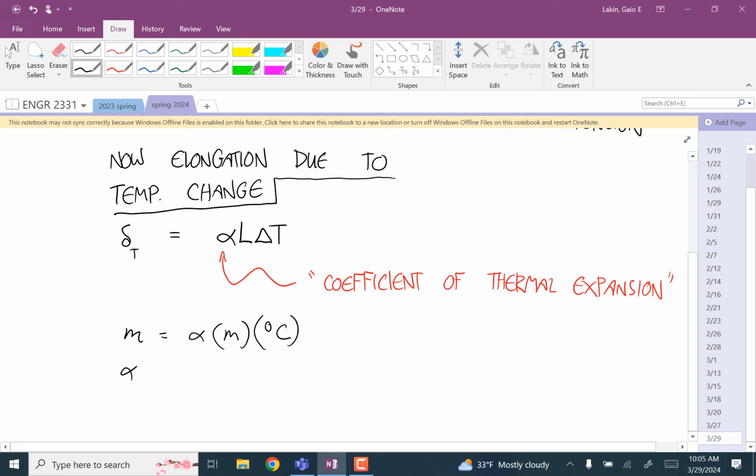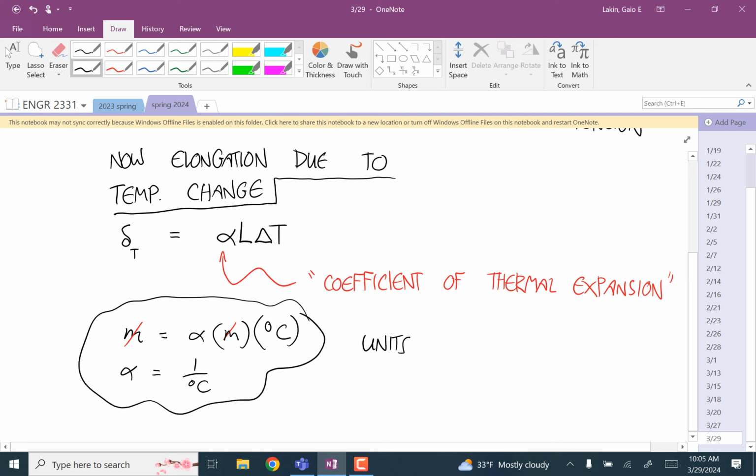And so those two cancel, and you just get alpha is equal to 1 over degrees Celsius. That's something you can just Google for whatever material you have.